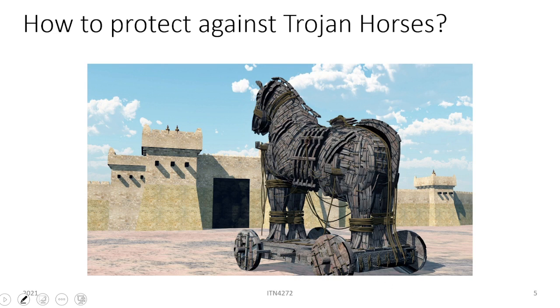So the problem here is, if we are to detect Trojan horses, that is, threats hidden inside something else, we will have to do further analysis and have further understanding of the nature of these threats and the nature of these connectivities. Are there any anomalies, any abnormalities in these connectivities? We'll have to look at a lot of these things, and then we may be able to detect some of them.